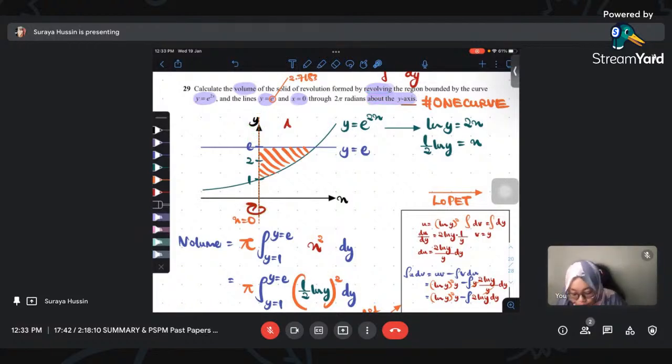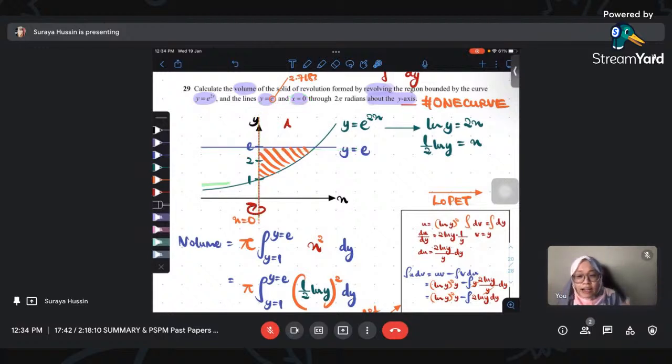Rotate, what kind of rotation? I'll draw it later. How many curves do you have? Hashtag, how many curves? Hashtag, one curve, because this is the only curve that you have. And this is the line that is given to you. And this is also another line, x equals to 0.